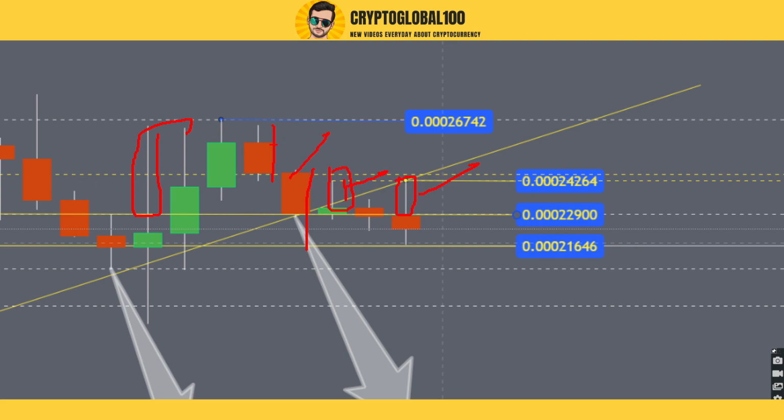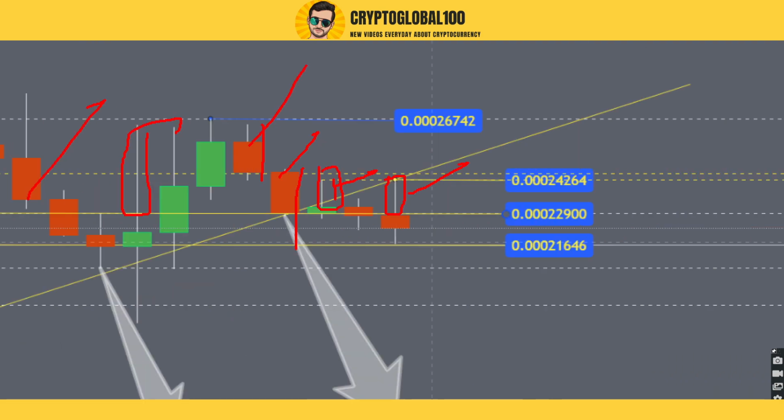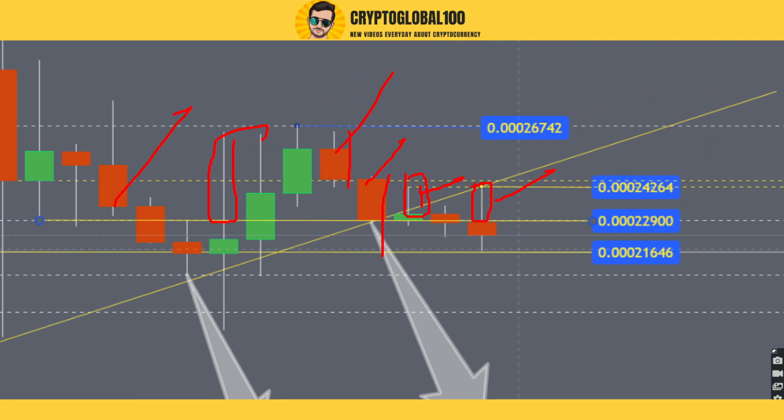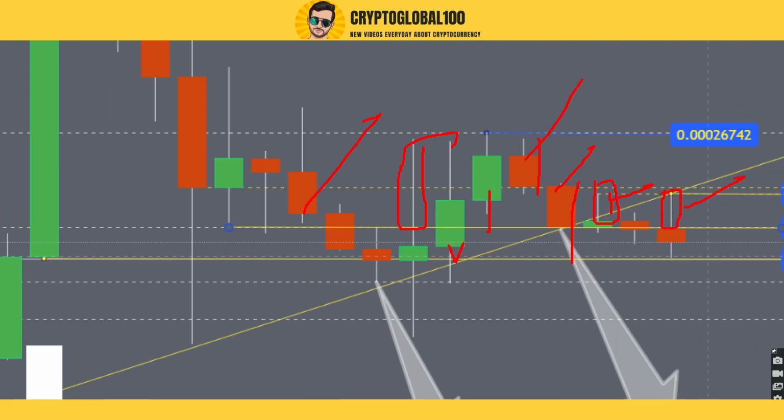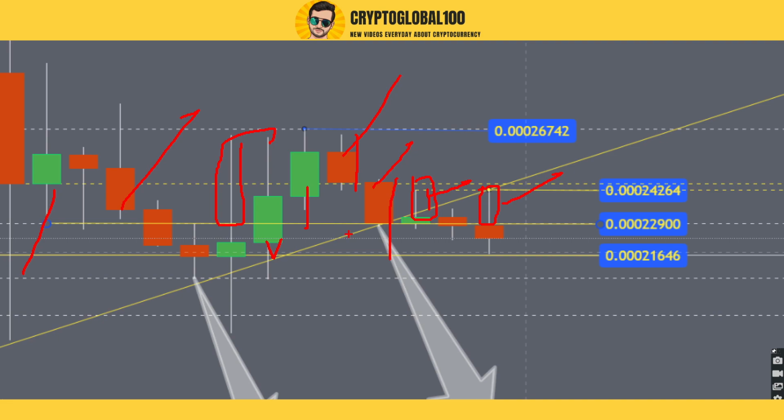You can clearly see from these 1, 2, 3, 4, 5, from 5 candles, 6, and this was the pump, and it did not happen. So out of 9 candles, 6 candles are basically indicating that this area is acting as a supply zone where we have a lot of sellers. So sellers are pushing the price towards the downside.